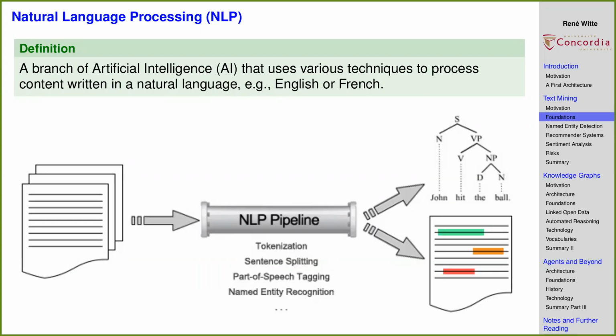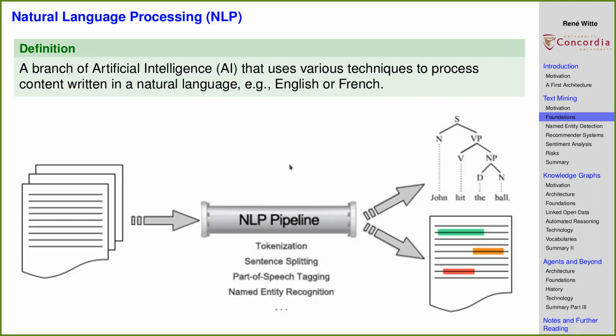So natural language processing itself is a subdiscipline of artificial intelligence, and it's about using a number of different techniques to work with content written in a natural language. So in NLP, we deal with content written in English, French, Spanish, German, Italian, Chinese, whatever you have, and then you do some concrete task with it.